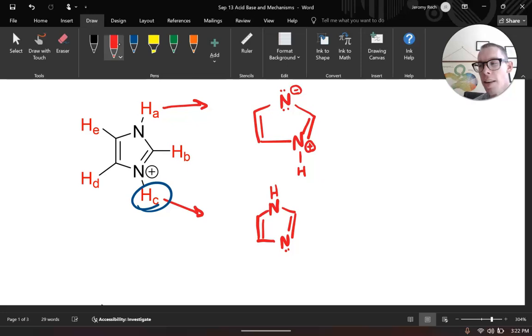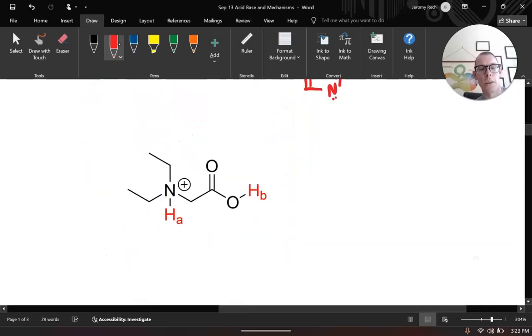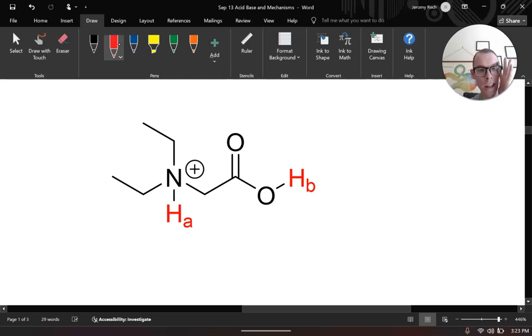And I intentionally put this next example directly after this one to kind of prove that point. So if I look at this next one, let's zoom back in a little bit. I have an HA that's connected to a nitrogen that carries a positive charge. And in comparison, I have HB that is connected to my carboxylic acid.